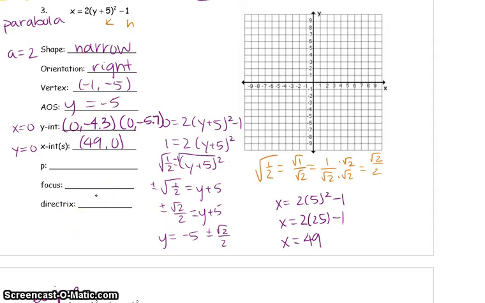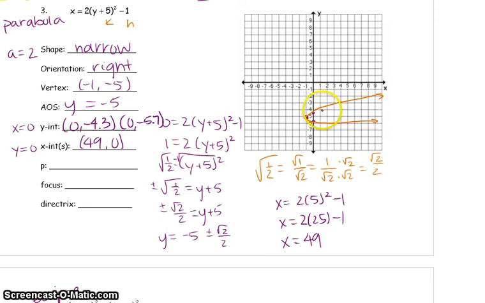So at this stage, I would graph everything that you know so far. Negative 1, negative 5. And we know our y-intercepts are (0, negative 4.3) and (0, negative 5.7). And our x-intercept of (49, 0), that is way off our graph, so we're not going to worry about it. We just know that our parabola is going to be very narrow.